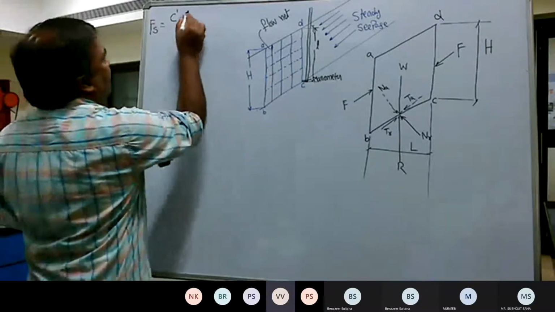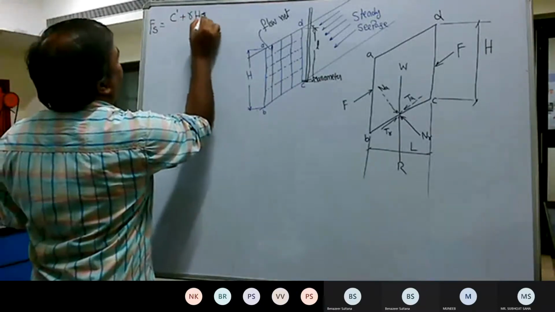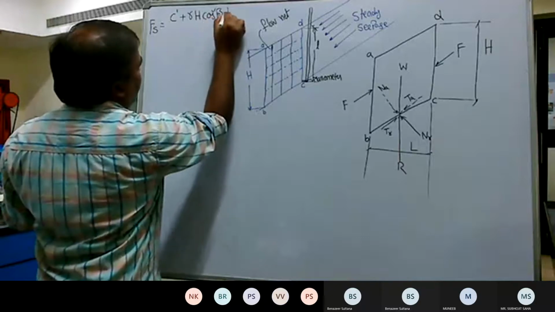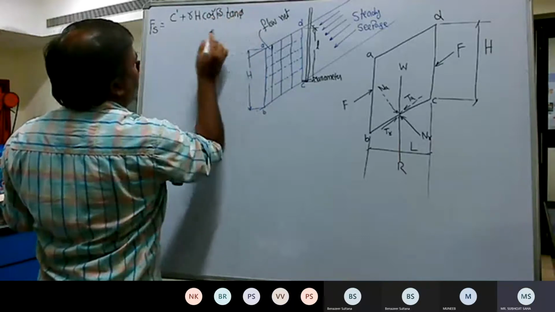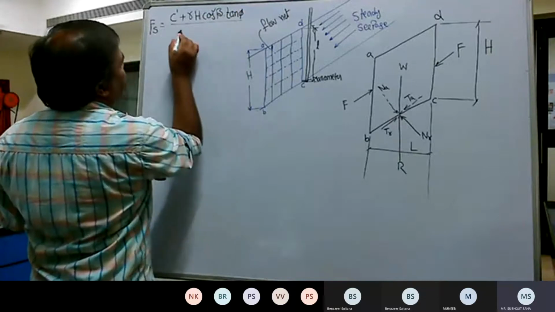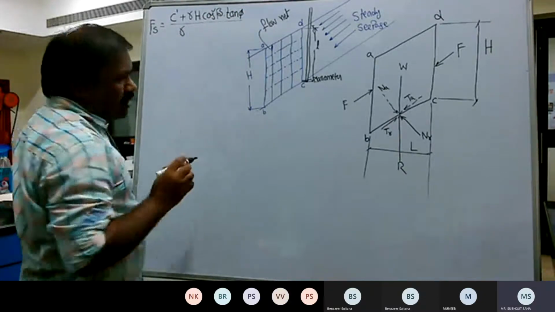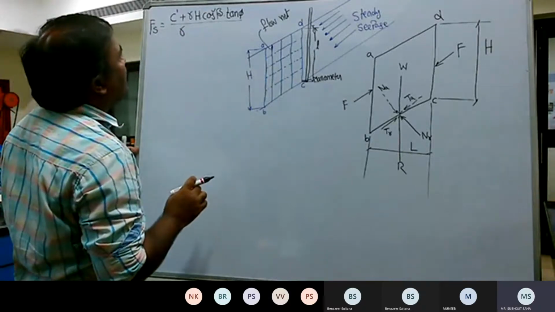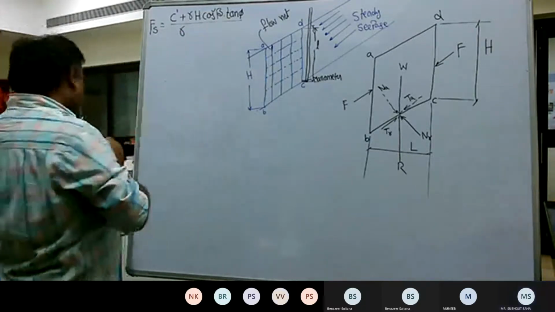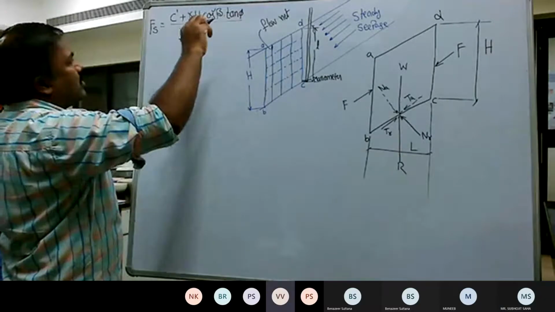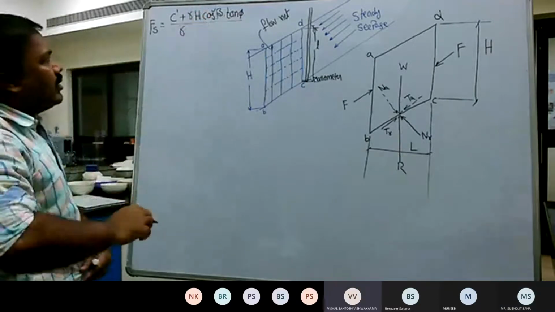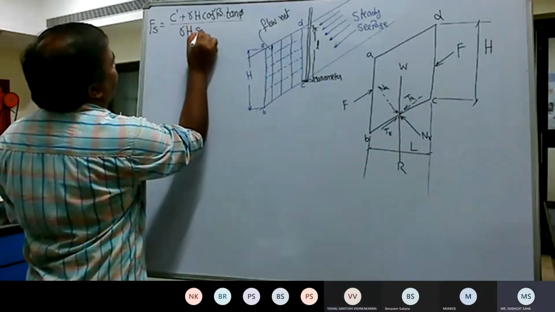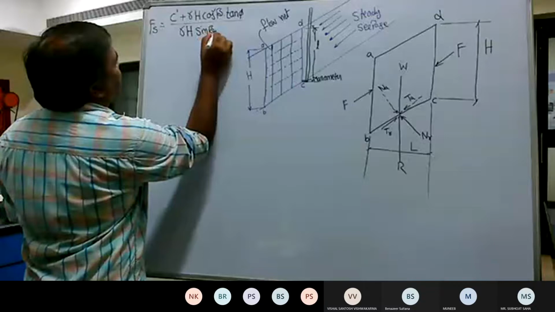C dash divided by gamma h cos square beta tan beta, plus the second term, gamma h cos square beta tan phi, divided by gamma h sin beta cos beta. Okay, both are the same.